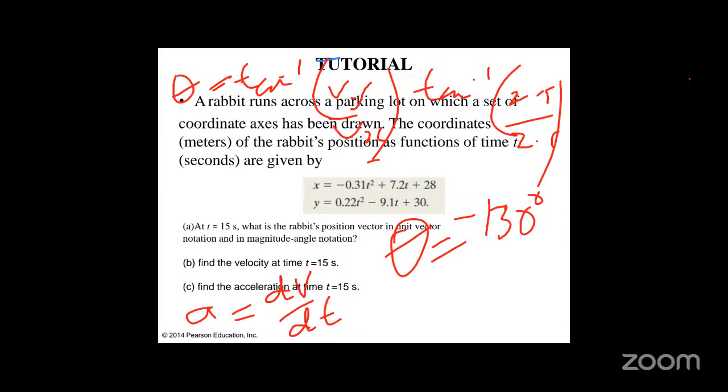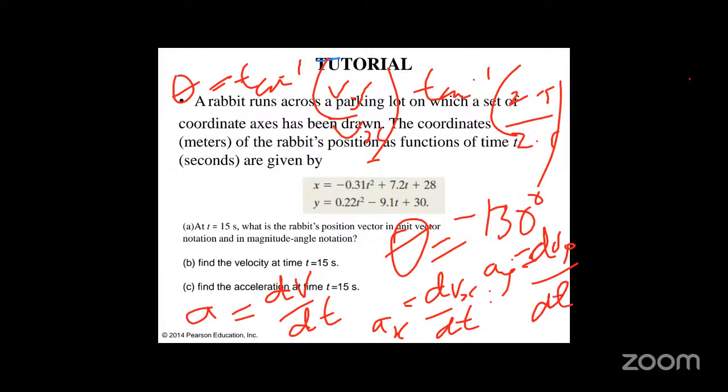So we are going to have ax to be dvx over dt, and ay will be dvy over dt.